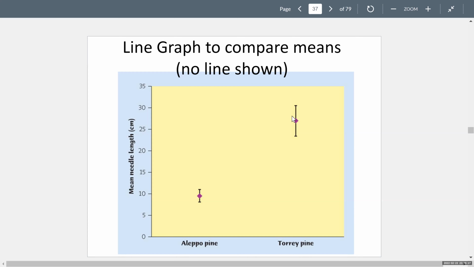We're going to make a graph that looks like this in our activity. We're going to call it a line graph. Now, we don't actually have these dots connected together with a line, so no line is shown, but a line graph is what Excel uses when we have a categorical x-axis and a quantitative y-axis.